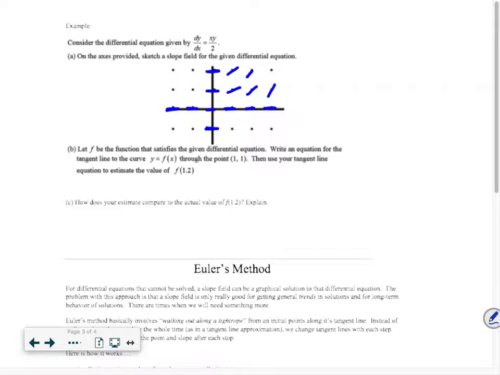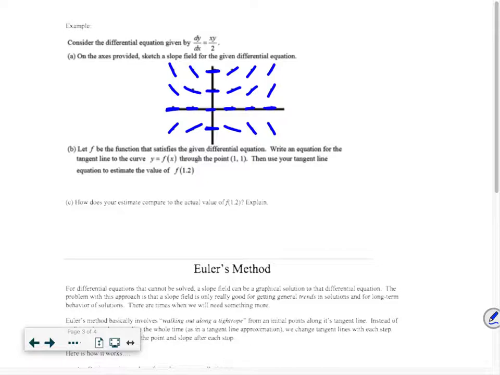Slope of 1, -1/2, 1, -3/2. 1/2, 1, -1/2, -1, -1, -3/2. Okay, that's what that slope field's going to look like. I know that we can plug in numbers and determine slopes, so I just wanted to fill this out quickly so we can get to the new stuff.